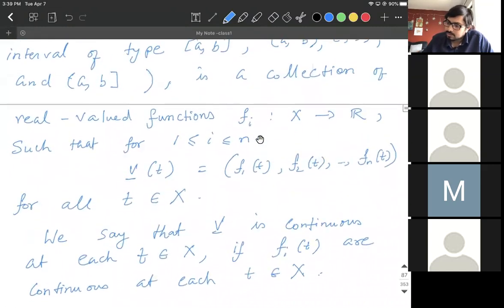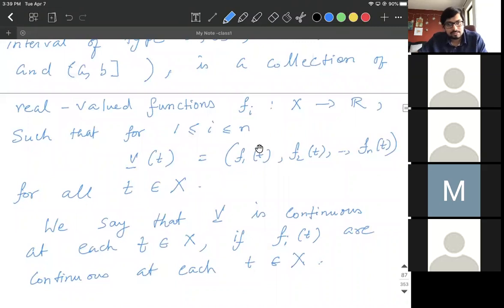On each component, this f1, f2 up to fn, these are real valued functions.